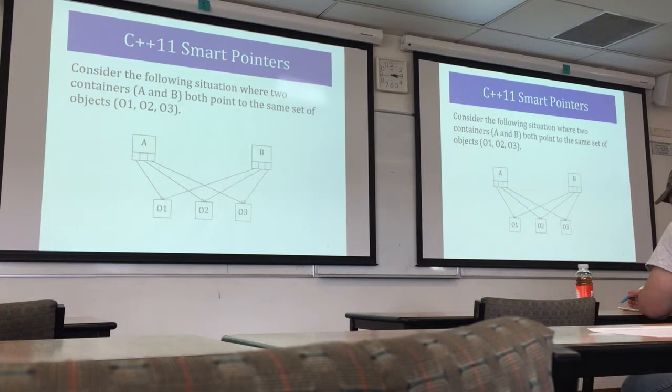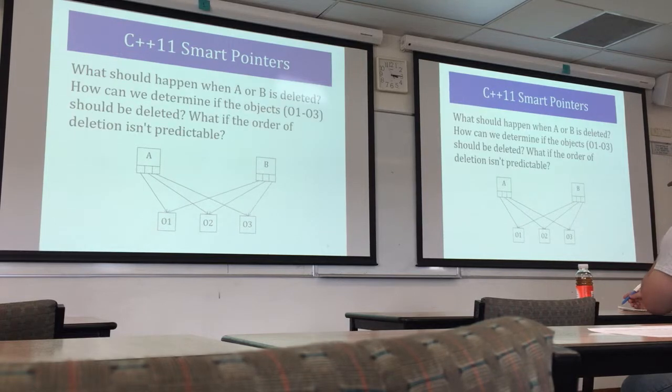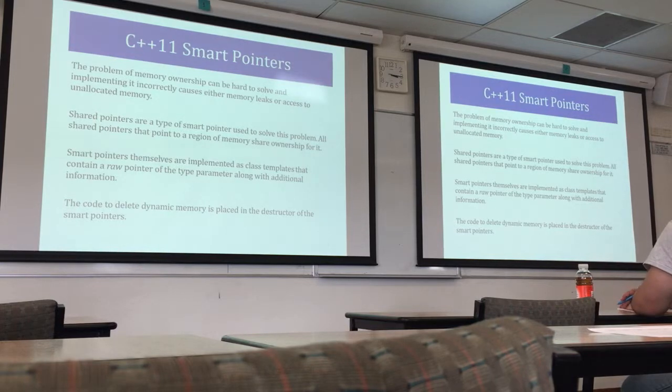Just for this simple case, who is responsible for deleting the object at which it points? What should happen when A or B is deleted? Determine if the objects should be deleted, and what the order is. In many cases, the order is not predictable. It depends on events, and those events happen in different order.